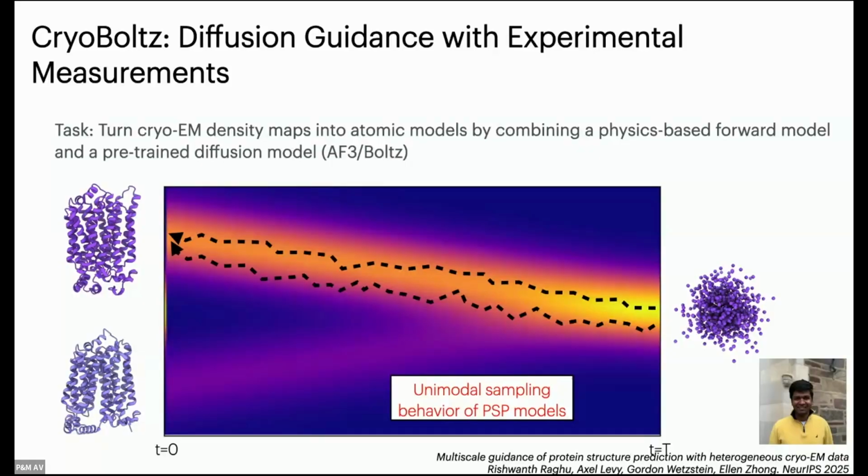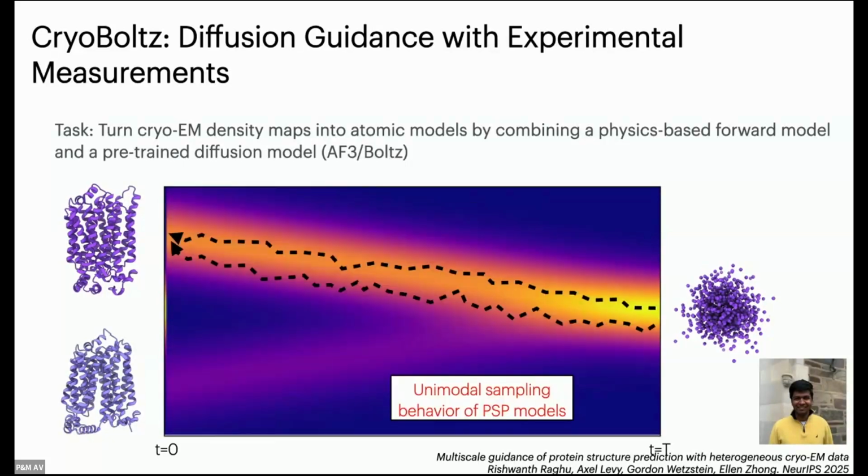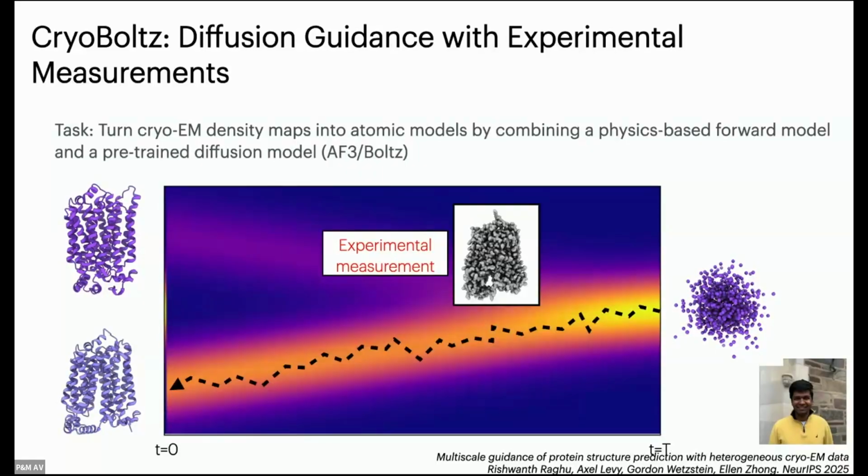So here, can we take cryo-EM density maps, maybe lower resolution cryo-EM density maps, and use them as a guidance term in these structure prediction models? There are maybe two complementary reasons why we would do this. Currently, structure prediction models are observed to be typically unimodal in terms of the structures that they produce, so can we get them to produce the ensemble observed from experiment?